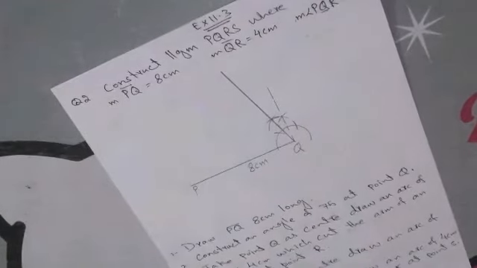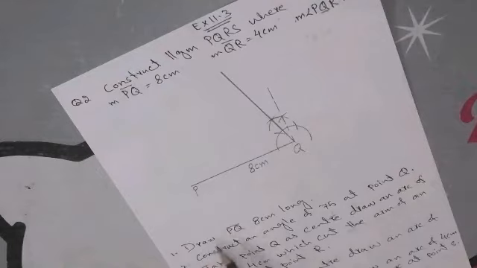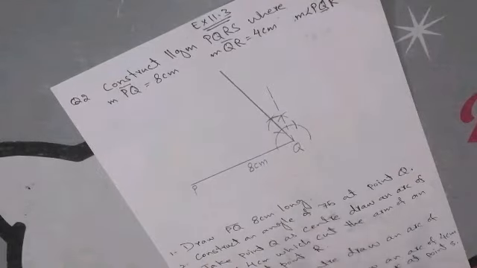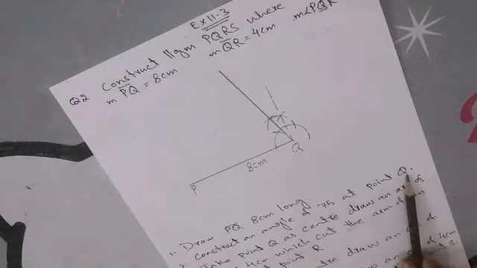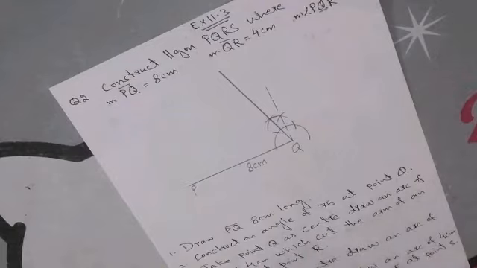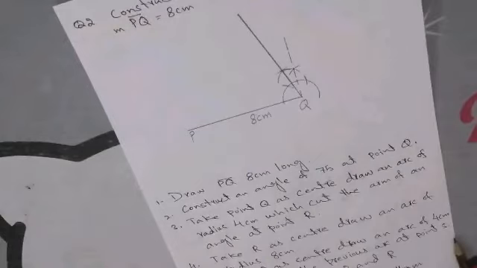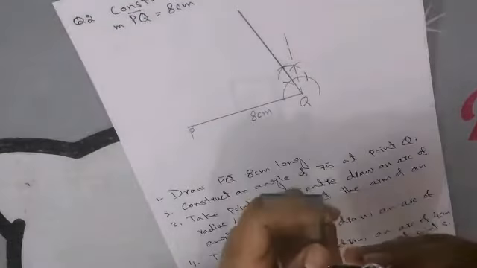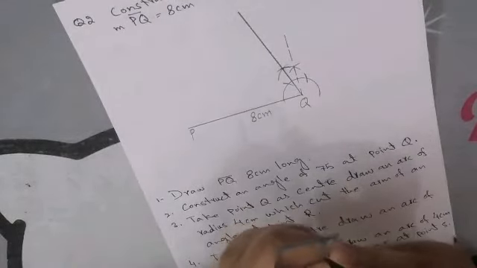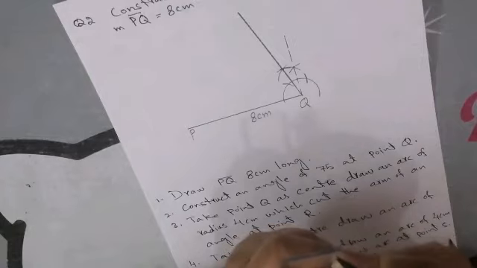So 75 degree, we have to draw the 75 degree. So what we write? Step of construction: draw PQ 8 centimeter long, construct an angle of 75 degree at point Q, and then take point Q as center and draw an arc of radius 4 centimeter. So from 0 to 4 you open your compass.